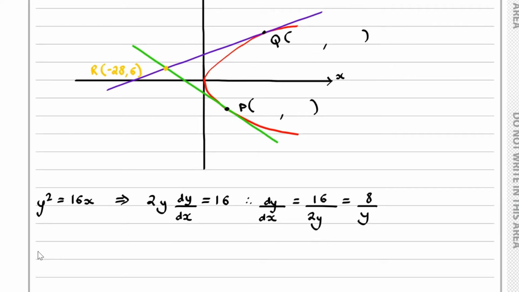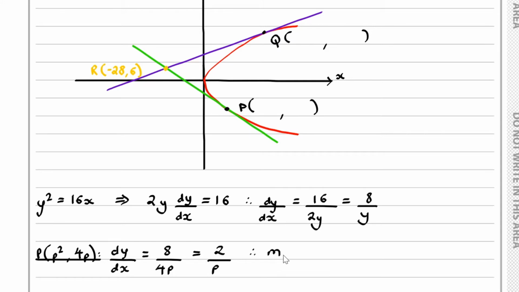Now, at the point P, with coordinates p squared, 4p, we can now find out the value of the gradient at this point P. So dy over dx is equal to 8 over y, so we have 8 over 4p, which is 2 over p.